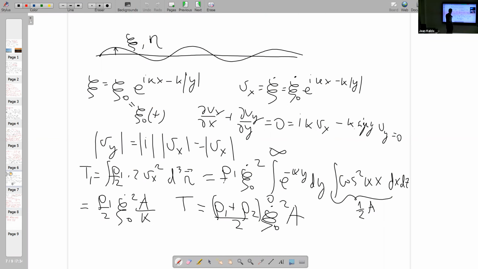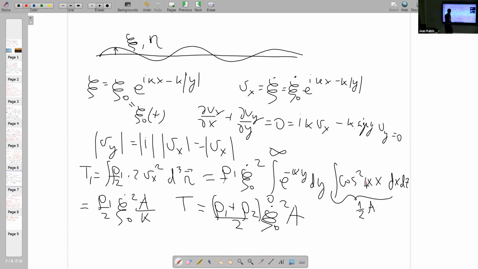Those 2 goes away. But then 1/2 comes from the fact that we have cosine square averaged. And overall, it should have only a factor of 1/2 because that 1/2 and that 1/2 cancel away.